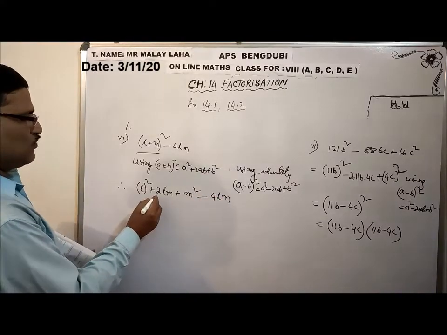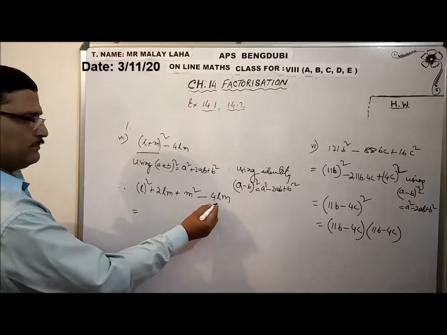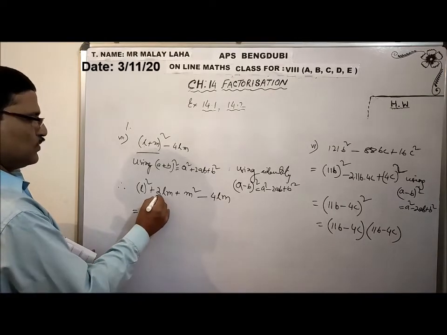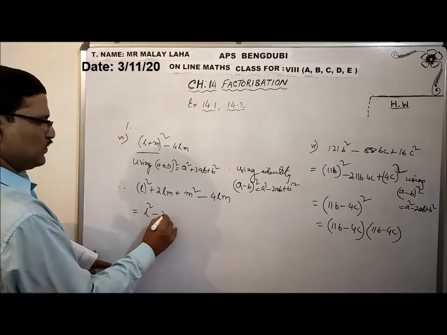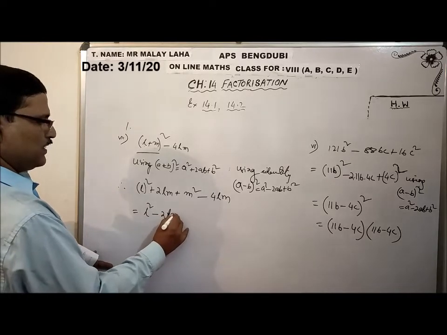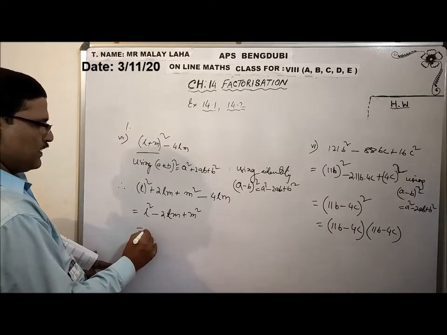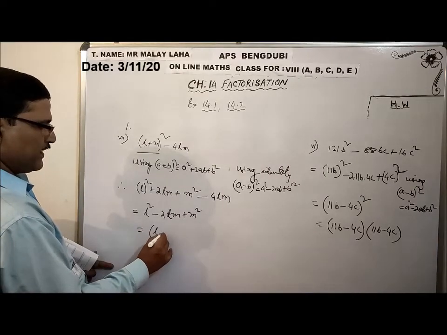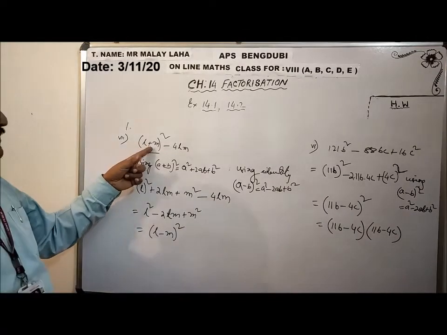Now this plus 2lm or minus 4lm, these are like terms, I have to reduce this. So 2lm subtracted from 4lm, I will get l square minus 2lm plus m square. It is the identity of a minus b whole square, that is l minus m whole square. Earlier it was a plus b whole square.